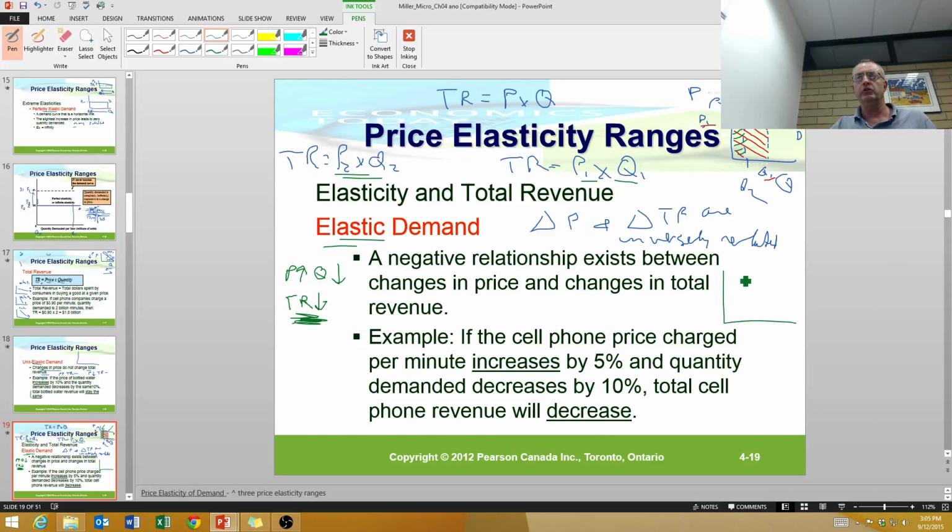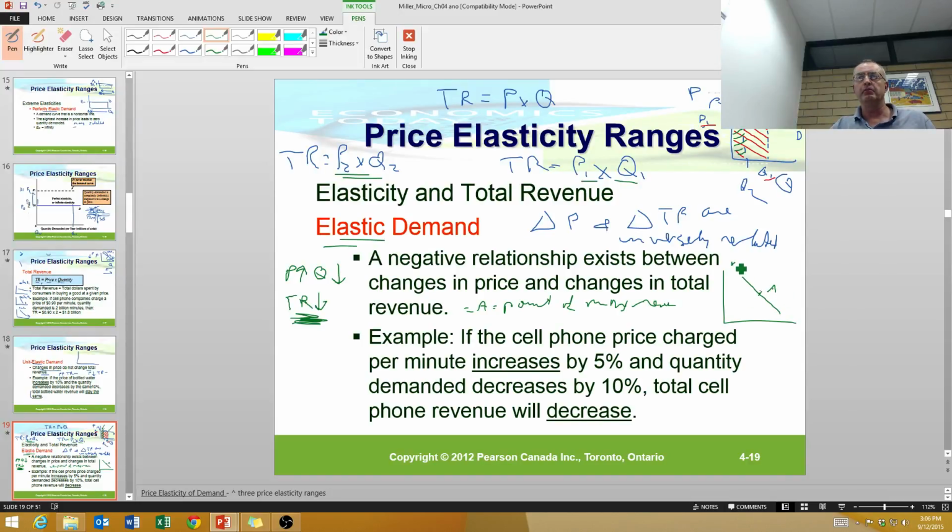And it's kind of an easy way to remember these things: the point of unitary elasticity is in the center, and the point of unitary elasticity, this point here, equals the point of maximum revenue. So that's the point of maximum revenue.